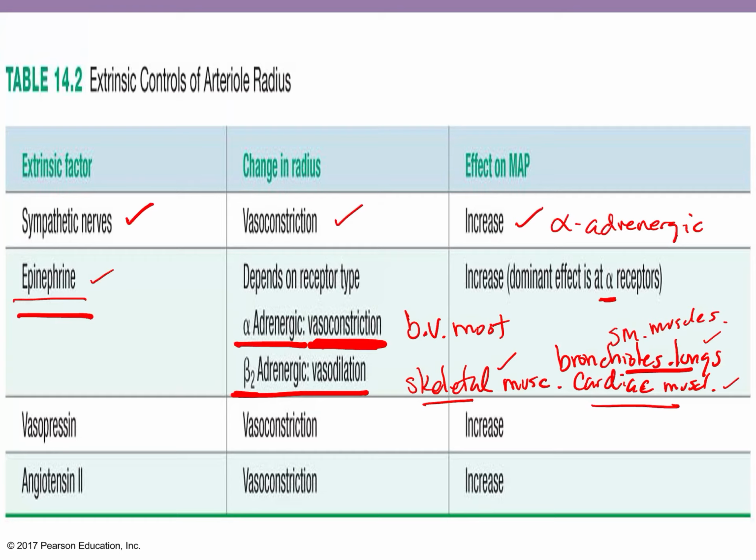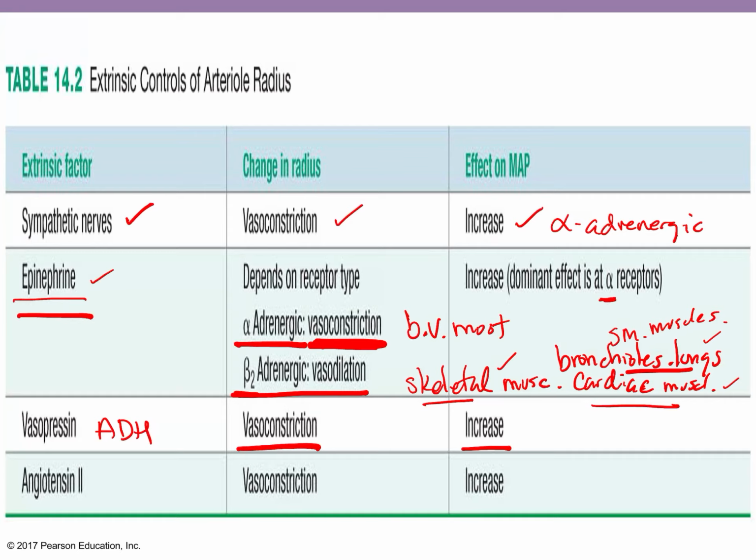All right, so moving down to vasopressin. Vasopressin is a hormone. You guys also know it as antidiuretic hormone. And it's going to also constrict the blood vessels, and that's going to increase blood pressure. So vasopressin is something that's going to increase water reabsorption.